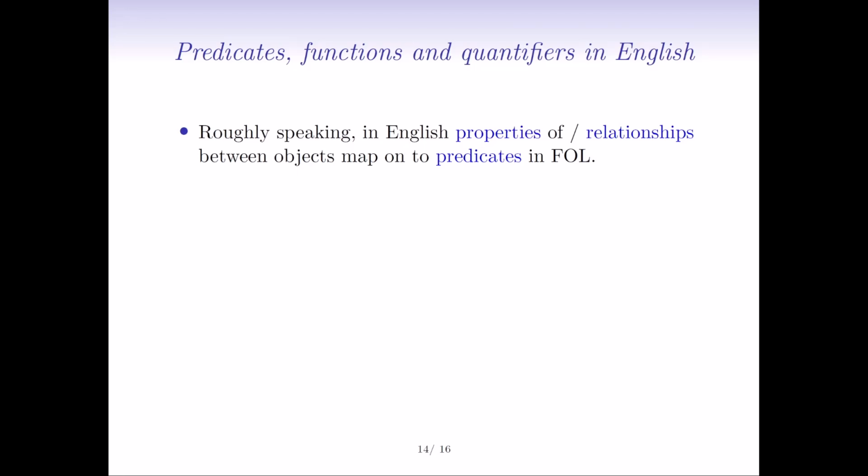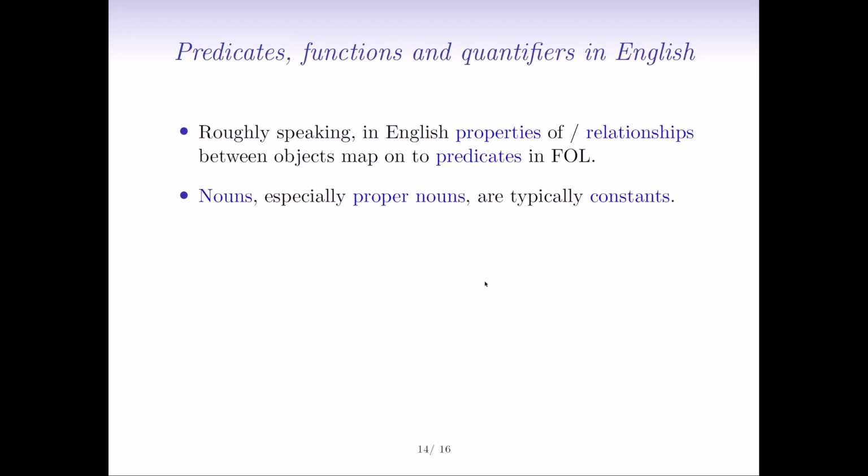Or if it's something like James loves his cat, then the property of something loving another is a predicate as well, or a relation in English, and that would be mapped as a 2-argument predicate in first-order logic, typically.